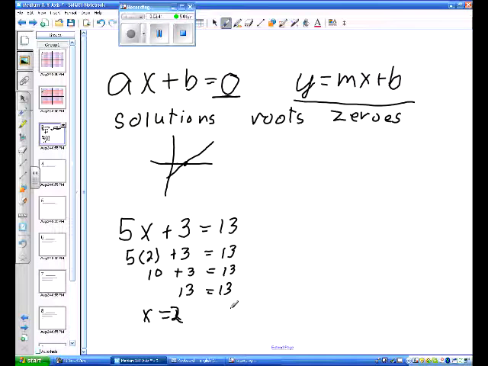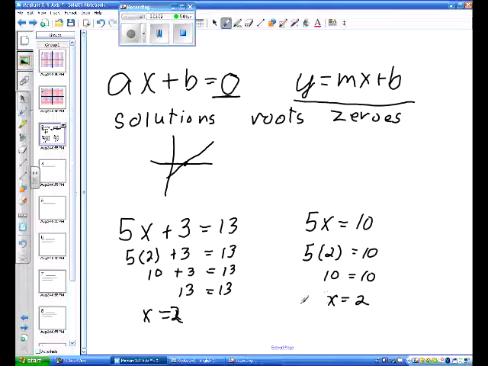Now, we could also have taken the equation 5x equals 10. And again, if we substituted in 2 for x, then we would have a true statement. 10 equals 10. So x equals 2, again, is a solution, or it satisfies this equation. So these are two equations that are equivalent.